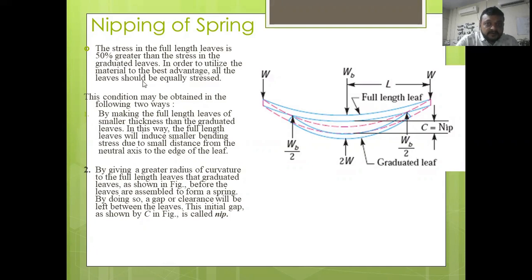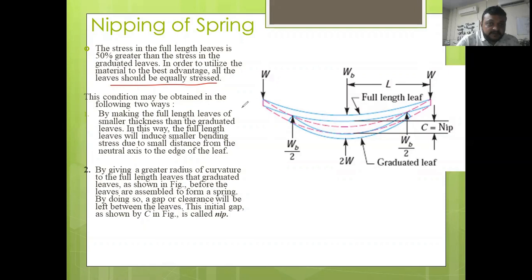In order to utilize the material to the best advantage, all leaves should be equally stressed. Otherwise, it is very difficult. If all leaves are equally stressed, then we have the advantage that the material can take more load, or we can compromise on the selection of the material to make it economical.